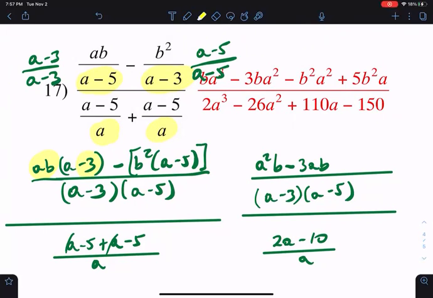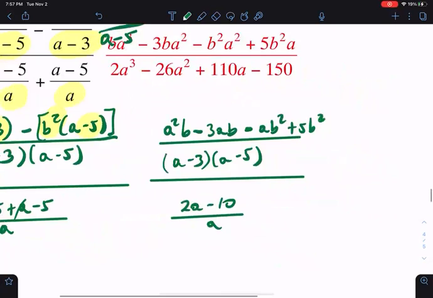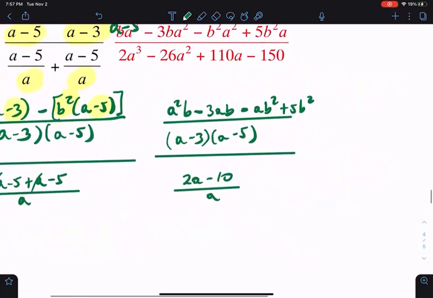And then this is going to be negative. So if you multiply these two, that's going to be ab squared negative, right? So negative ab squared, and you need to multiply these two. Negative 5b, so that's going to be plus 5b squared. Okay, so let's see what we can simplify.